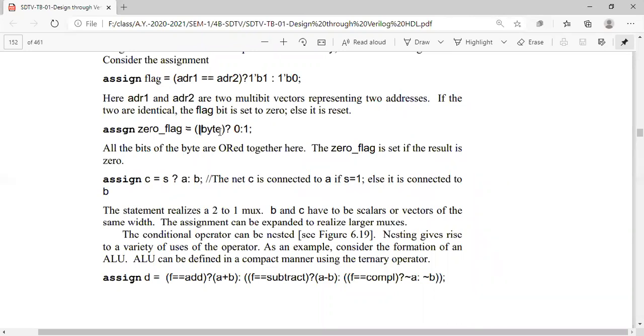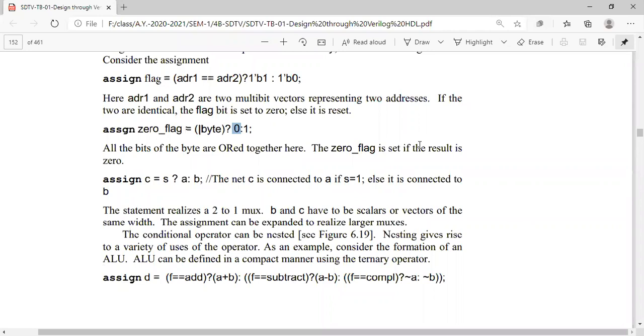Next, the result I get, I OR with a of 2, and then I OR that result with a of 3, and finally I get a result. If that result is 1, I will assign 0 to the zero flag. If that result is 0, I will assign value 1 to the zero flag.